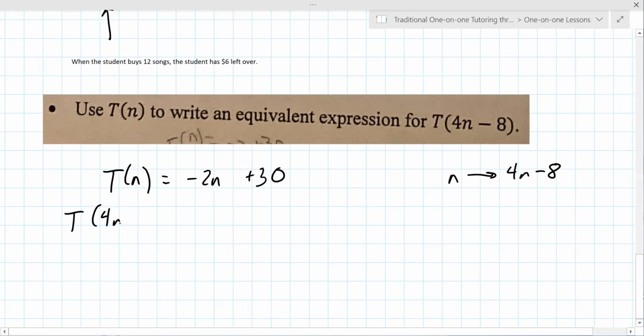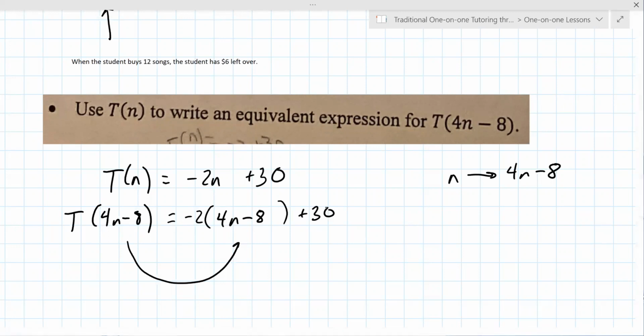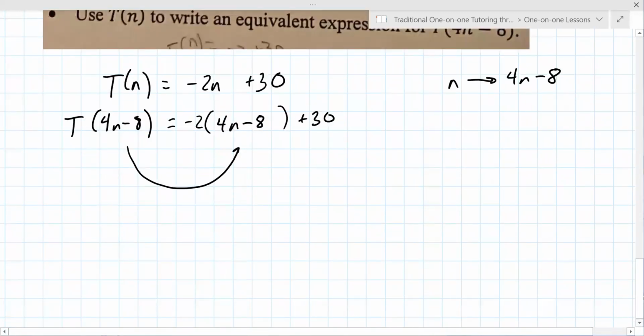So instead of putting a number in for n, wherever you see n, you're putting in 4n minus 8, plus 30. Yes. Okay, so now you have to distribute and combine like terms. Minus 8n plus 60 plus 30. Yes. Minus 8n plus 46.